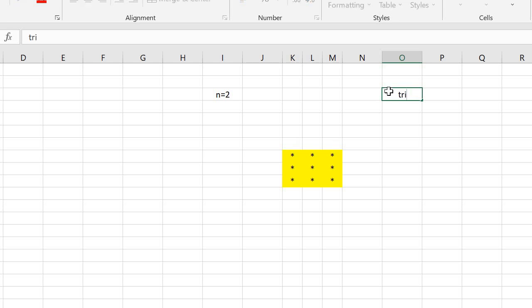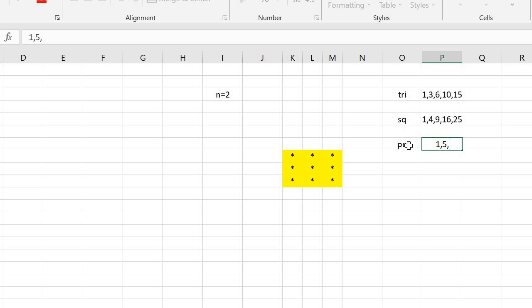So triangular numbers can be 1, 3, 6, 10, 15. Using that many dots, you can form triangles. Similarly, for squares, you can consider the numbers 1, 4, 9, 16, 25. In a similar way, the pentagonal numbers are 1, 5, 12, 22, 35, since they are of size 5.